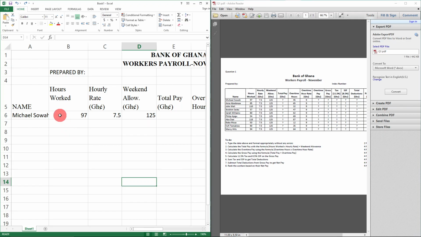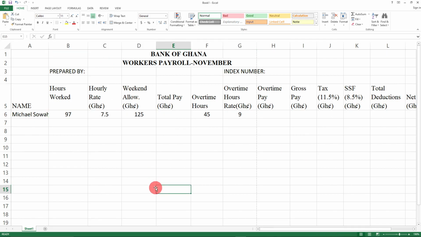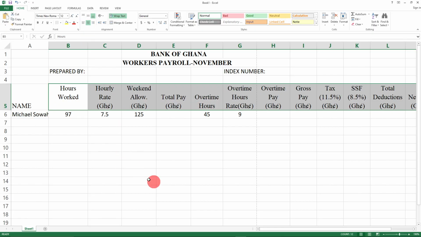So we are going to do same. You can highlight all of them and then you select the center, and that's it. So we highlight all of them and then we select center. Okay, and all this, when you check the question, you could see that all this one too was center.